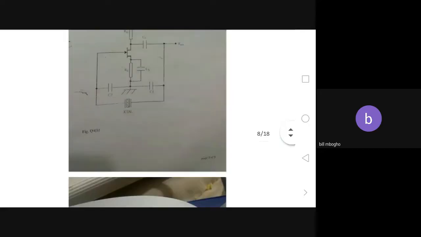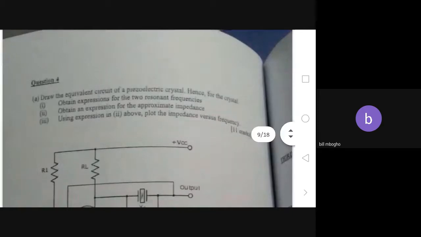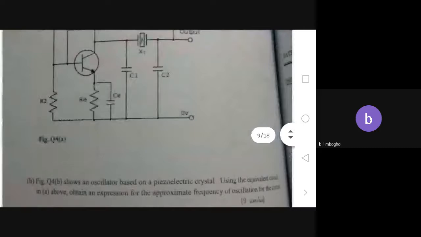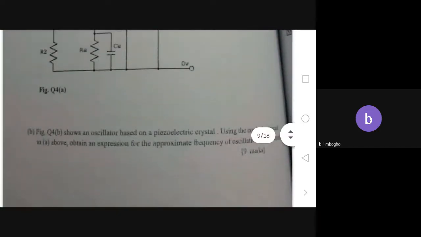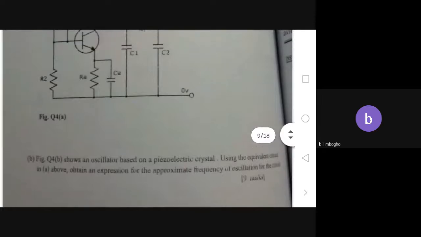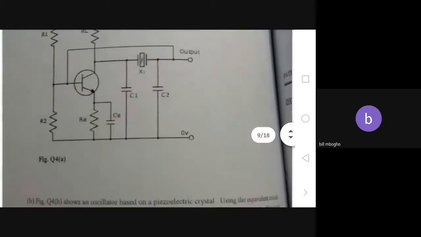And then the next question is more or less the same thing. At least part A is the same. And then part B, the figure shows an oscillator based on a piezoelectric crystal, using the equivalent in A above. Obtain the expression for the, yeah, it's the same thing. The same circuit.